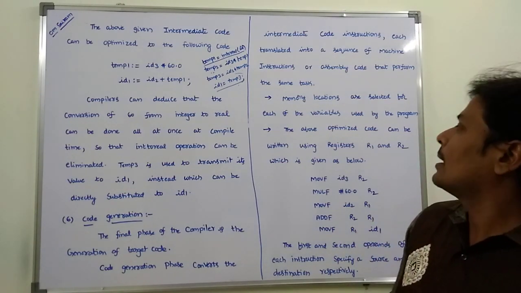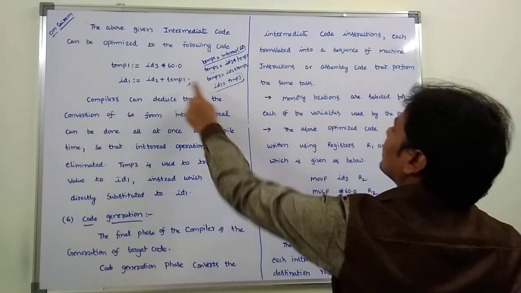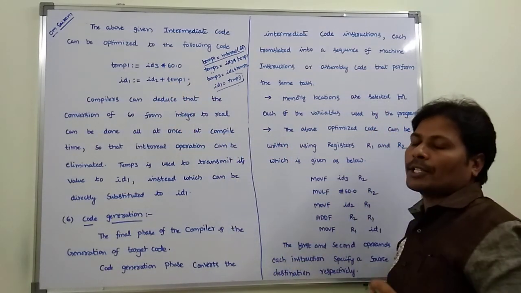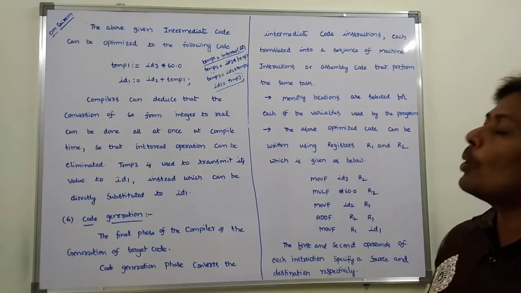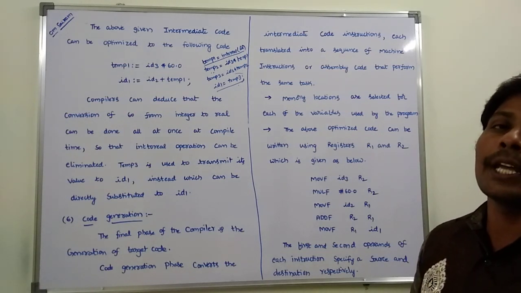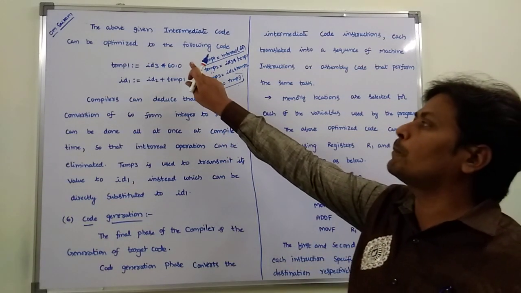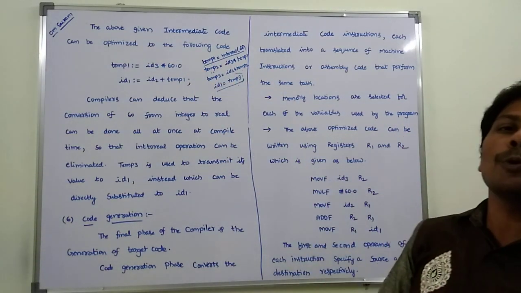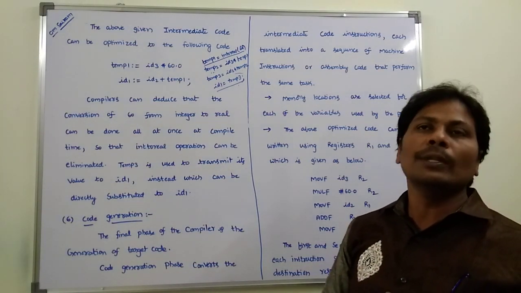Next, for the given optimized code, what does the code generation phase do? The code generation phase generates the target code for the given optimized code by using 2 registers, that is R1 and R2.